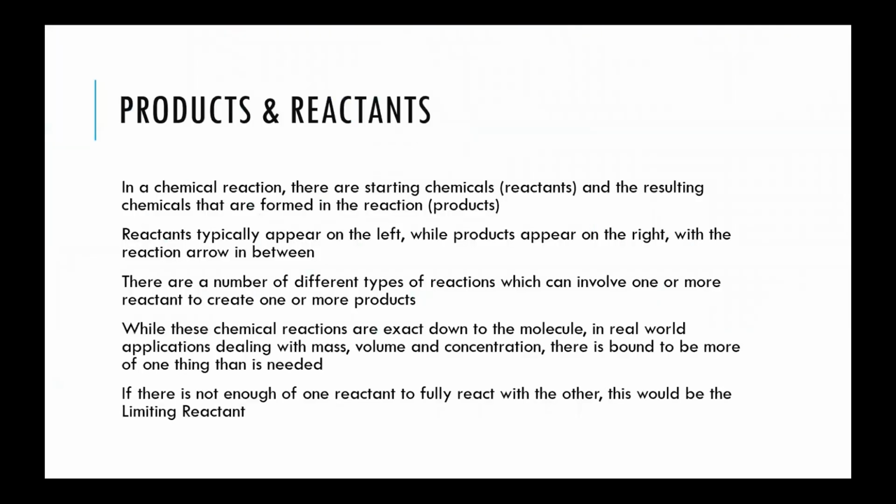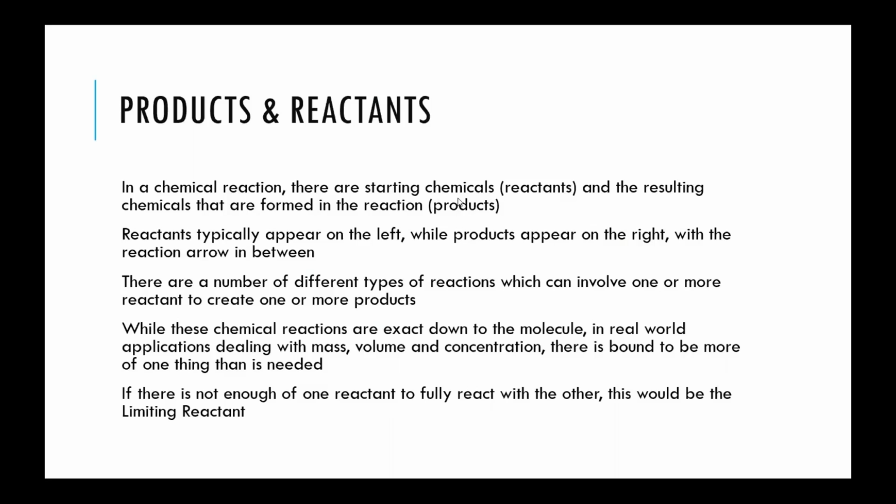So in a chemical reaction, there are both products and reactants. And the reactant is the starting material, and this is where the limiting reactant would be. It's the materials that rearrange themselves to generate something else. And that something else is the product, the end result.